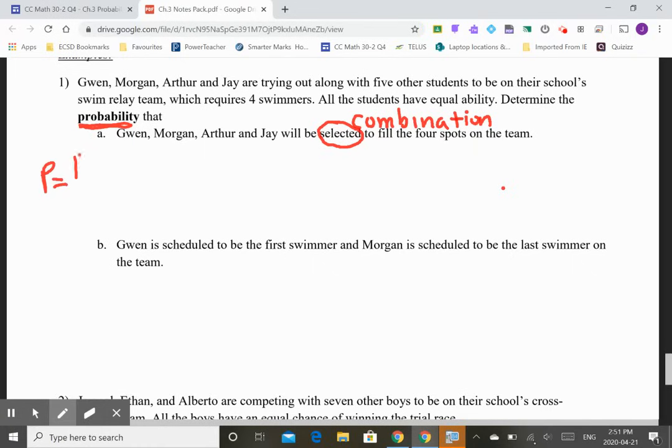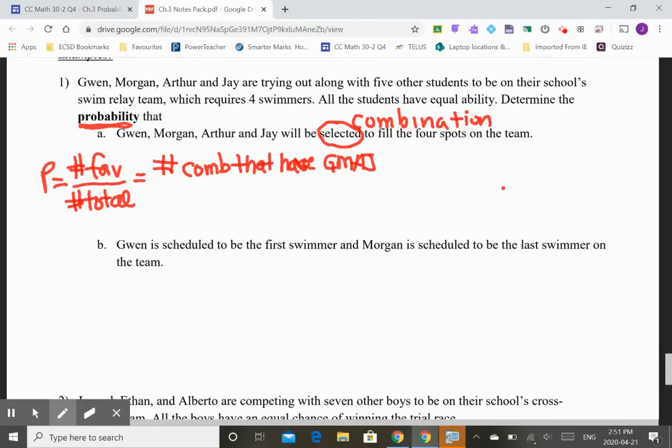Probability is the number of favorable outcomes out of the number of total outcomes. Our favorable outcomes is going to be the combinations with the restriction we were given. The restriction is that Gwen, Morgan, Arthur, and Jay are on the team. So our favorable is the number of combinations that has our friends, the number of combinations that have Gwen, Morgan, Arthur, and Jay.